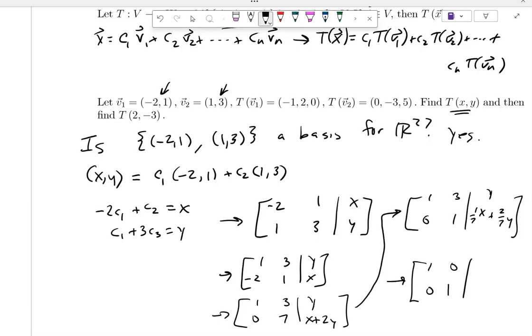If I multiply by -3, I'll get a -3/7 x here. And if I multiply here by -3, I'll get a -6/7, but I have to add 1, so I'll get a plus 1/7 y.